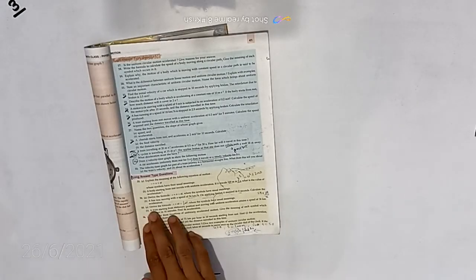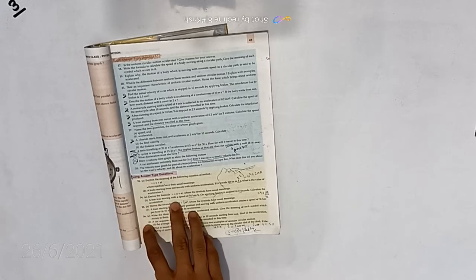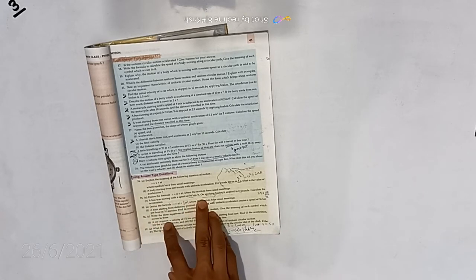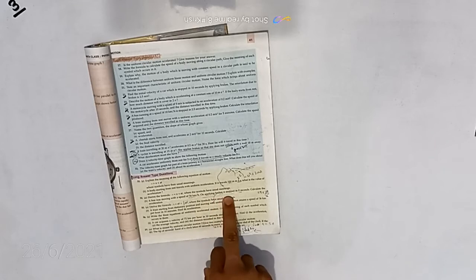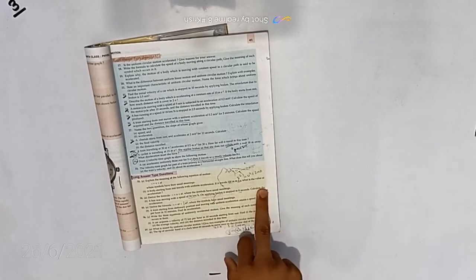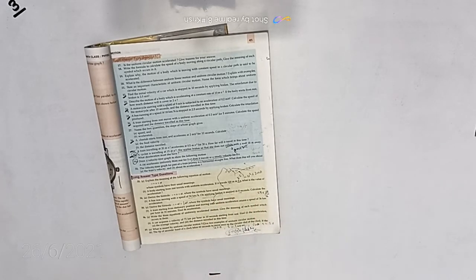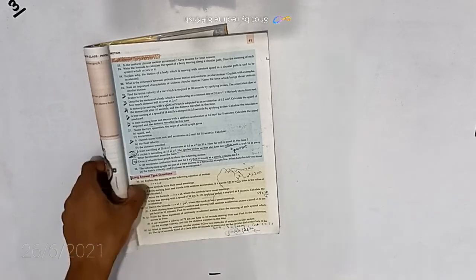Numerical number 34b is saying that a bus was moving with a speed of 54 km per hour. On applying brakes, it stopped in 8 seconds. Calculate the acceleration. So friends, in this question also we have to find the acceleration. First of all we will write down what is given.